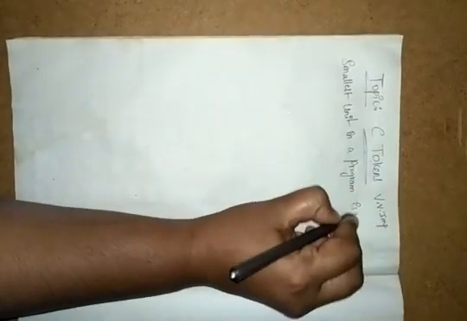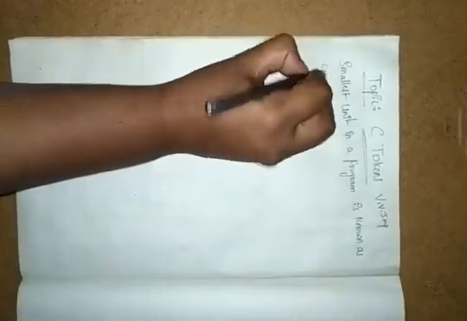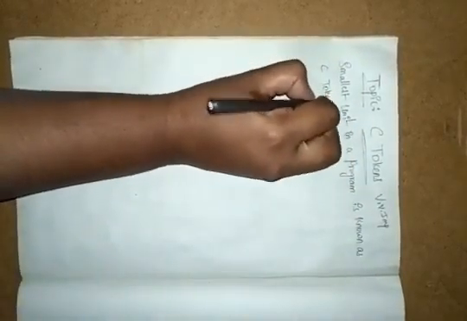So the smallest unit in a program is known as C tokens. Smallest unit means at least any single word we are using in the program, that we can call a C token.